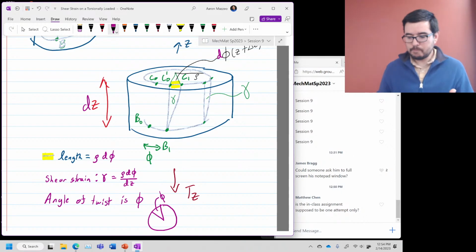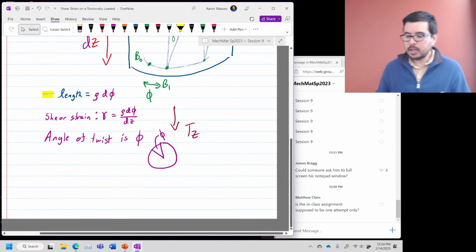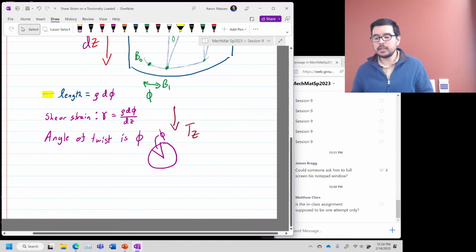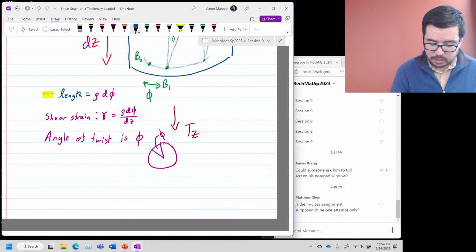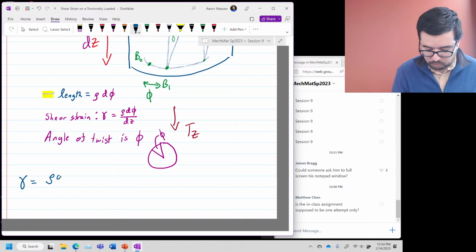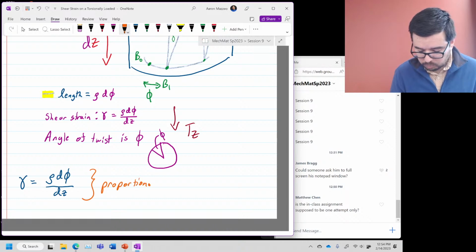Now, shear strain, what do we see here? So we have shear strain, and what do we see? It is proportional to rho.